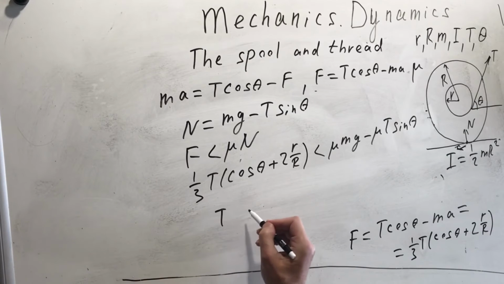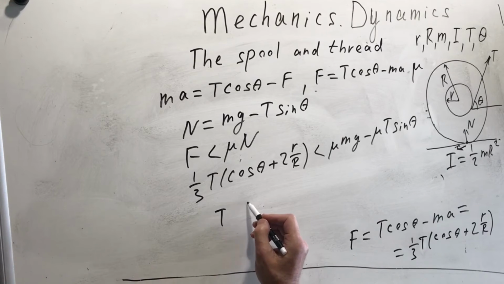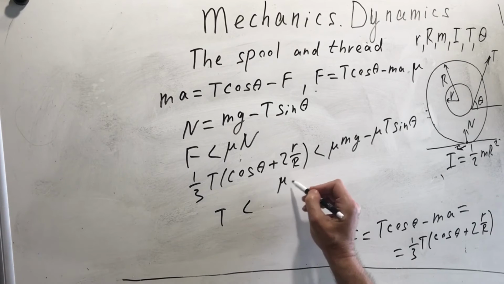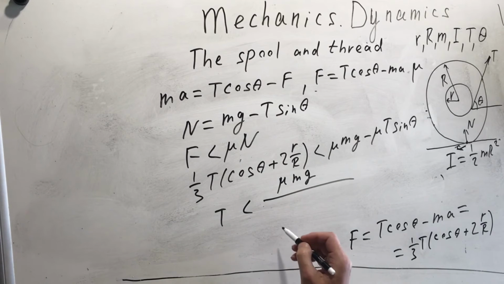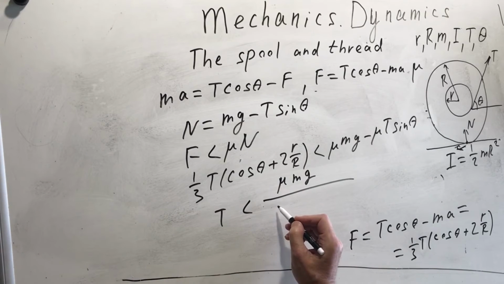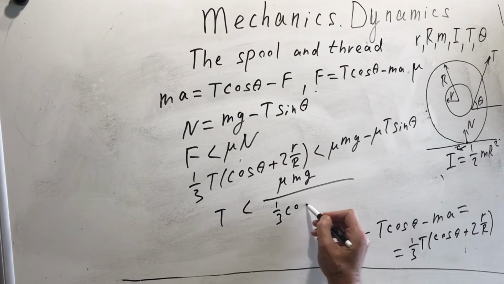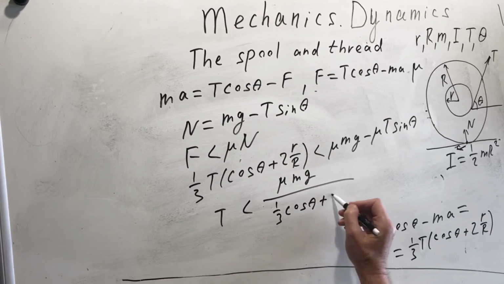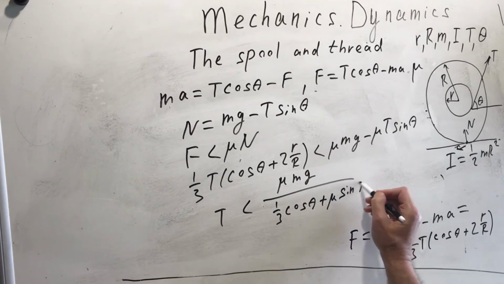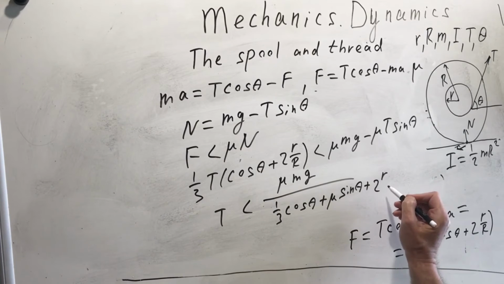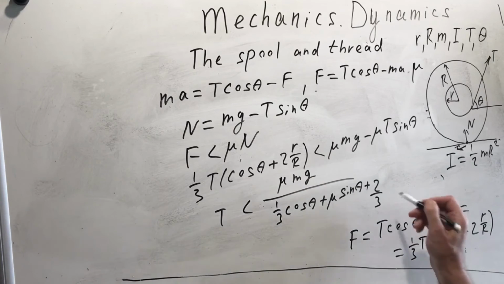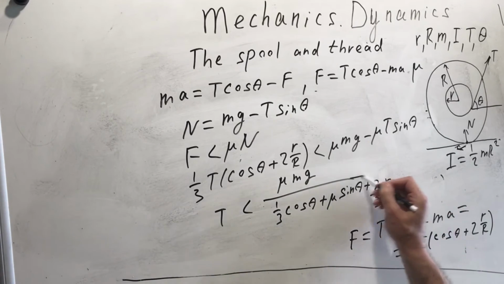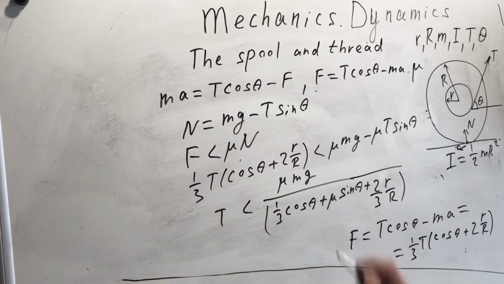We have tension less than mu mg over 1/3 cosine theta plus mu sine theta plus 2/3 r over big R. So this is our relation.